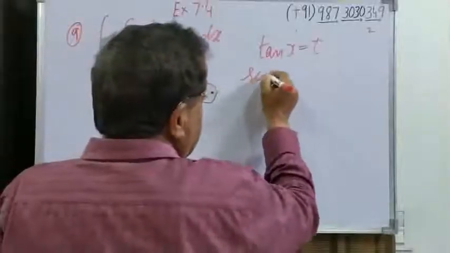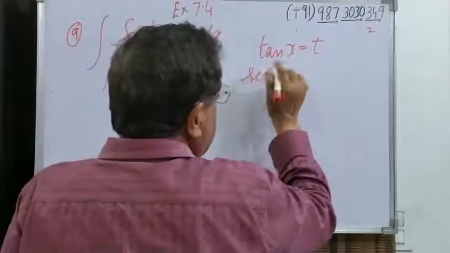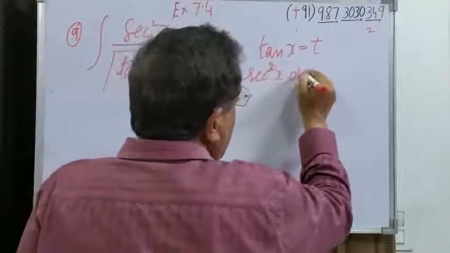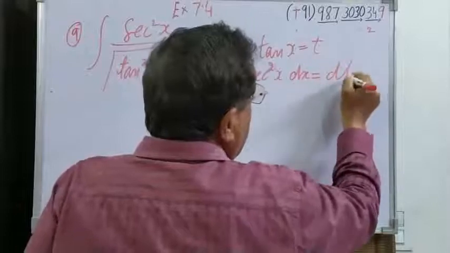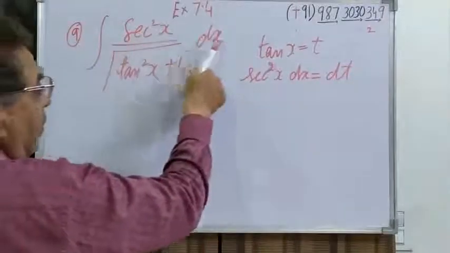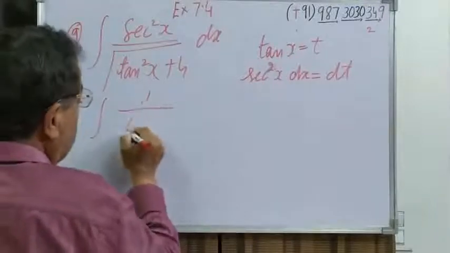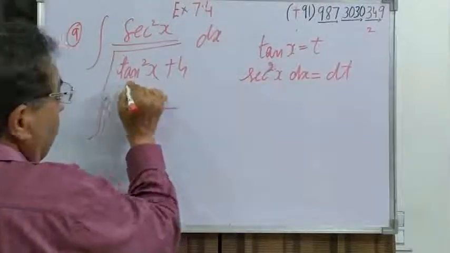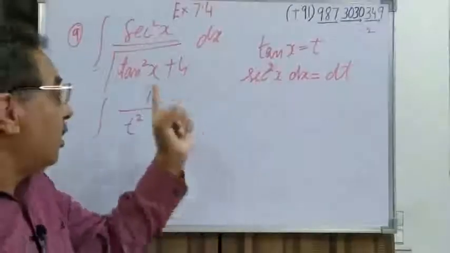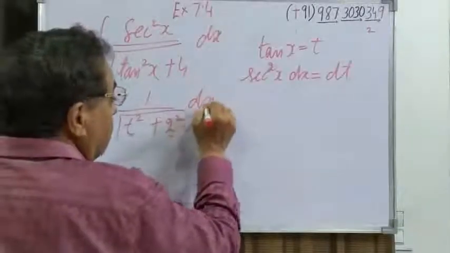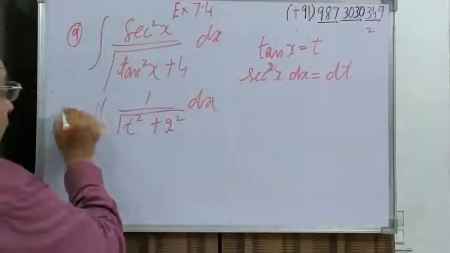That implies secant square x dx is equal to dt. So secant square x dx becomes dt, t square for tan square x, and for 4 I write 2 square. Now it becomes exactly the form of one of our formulae.